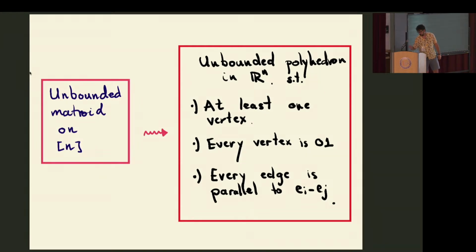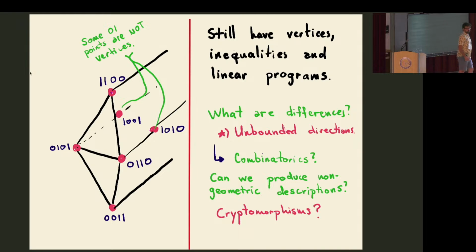Okay? So let me go with an example, and it goes by picture. So what I'm going to do is look at this polyhedron over here. Now it's unbounded in some direction. That's hence the name unbounded. But it's a polyhedron. So now I still have a bunch of inequalities. If you look at it, it's 6 of them.